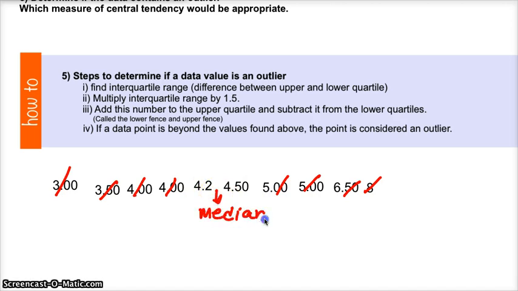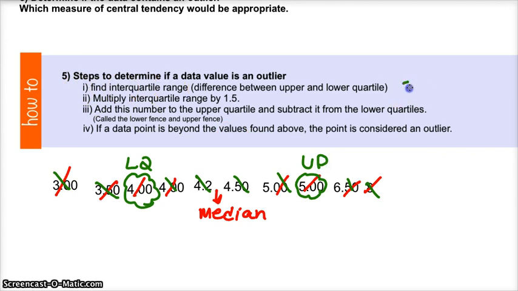So add up 4.2 and 4.5, and the median, well, I guess we really don't even need to find it, because for the quartiles, we're really just dealing with the, so if this is the median, so this is the lower quartile, and if that's the median, then this is the upper quartile. So it says find the interquartile range. Well, the interquartile range here is that 5 minus 4, so my interquartile range is 1.0.